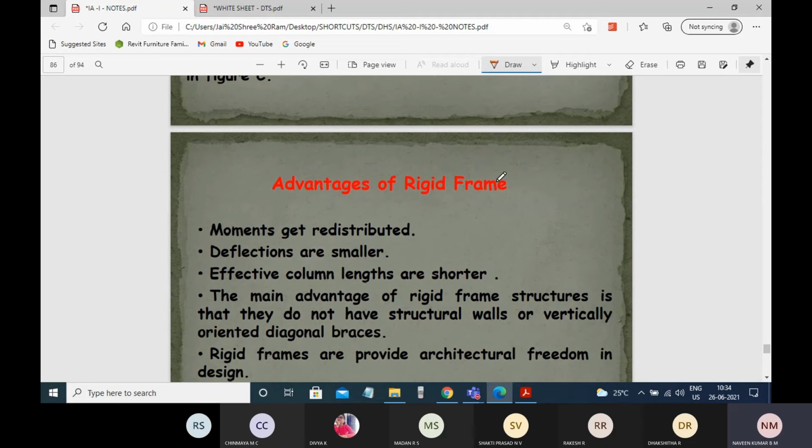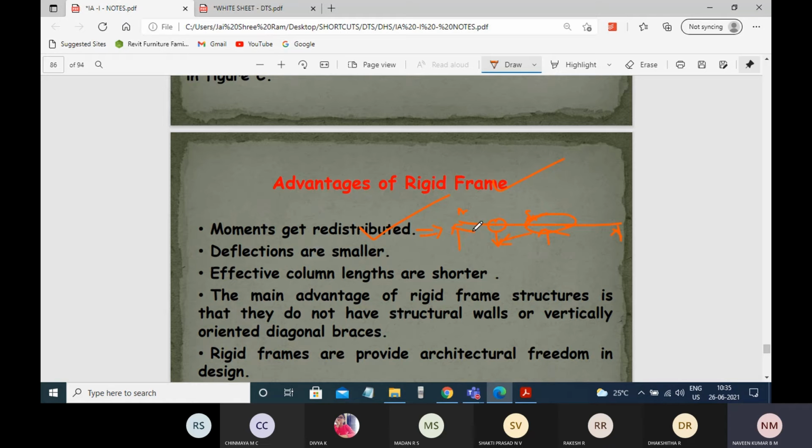And what are the advantages of rigid frame? So moments are redistributed. This we have learned and we have designed while doing the continuous beam. Assume that this is a continuous beam, where you'll be having maximum moment at the support area, and we have a very small moment in this particular region at the midpoint.